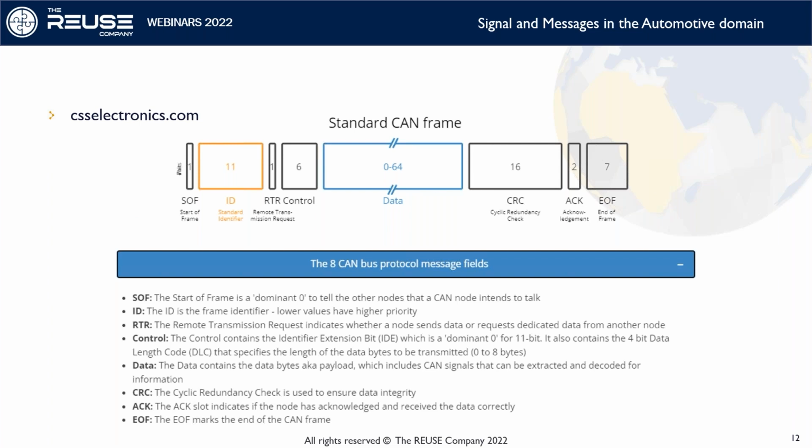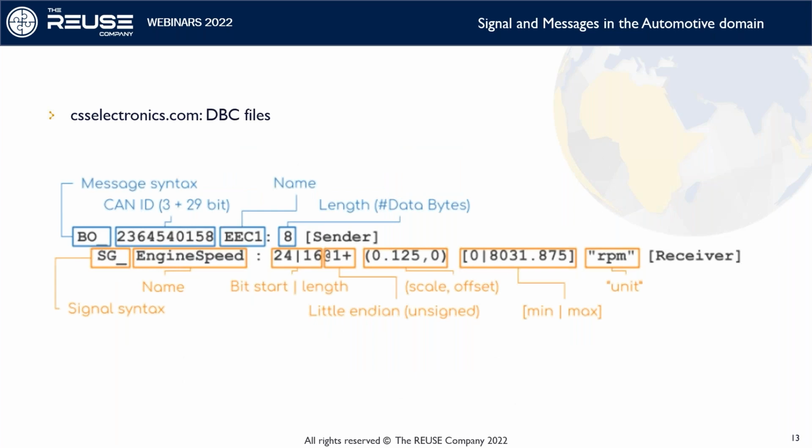And the good point, or what is connected to the notion of a project dictionary that I'm introducing today, is the idea of those database CAN files, DBC. In those files, you can find the definition of the different messages, and within the messages, different signals.